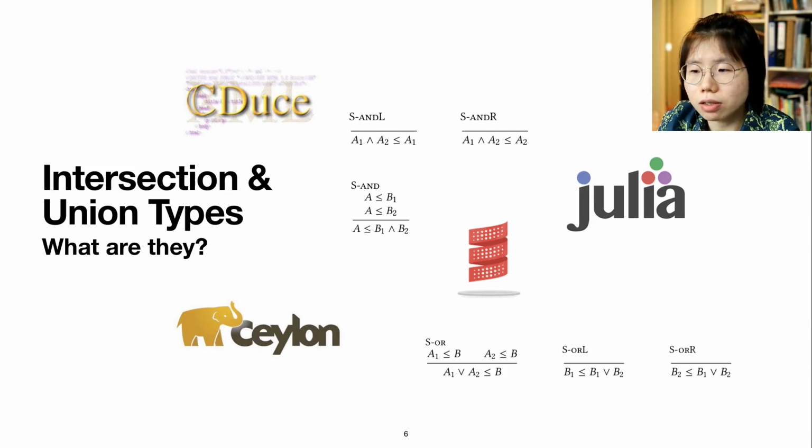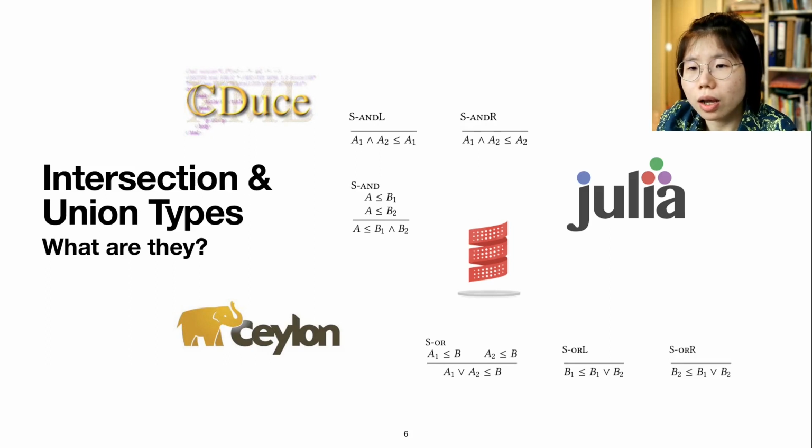In the reverse, for the union type, if A1 is a subtype of B, which means B is a supertype of A1, and B is also a supertype of A2, then it is a supertype of A1 union A2, which itself is a supertype of A1 and A2.